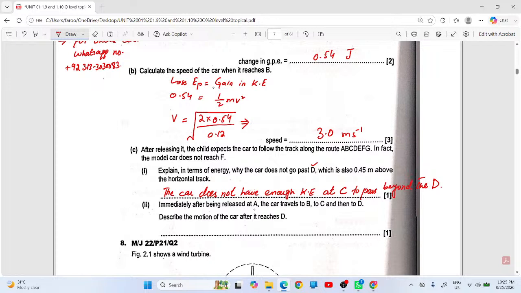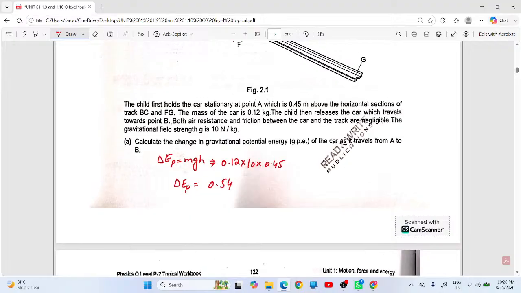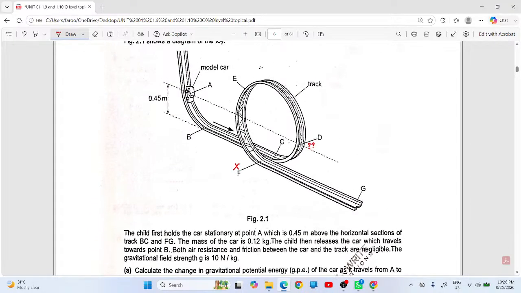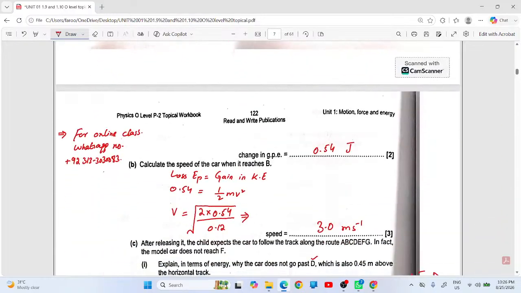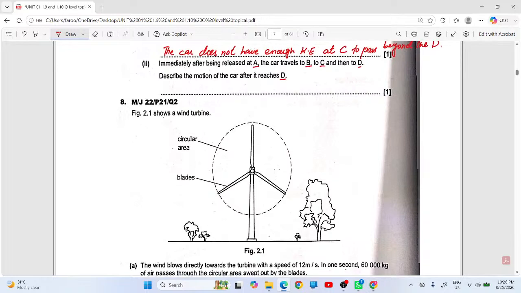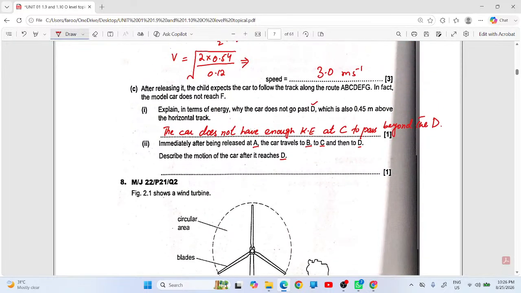Immediately after being released at A, the car travels to B, then to C, and then to D. Describe the motion of the car after it reaches D. We know it doesn't go beyond D, so it will go back. Since the track is downward, its speed will keep increasing.